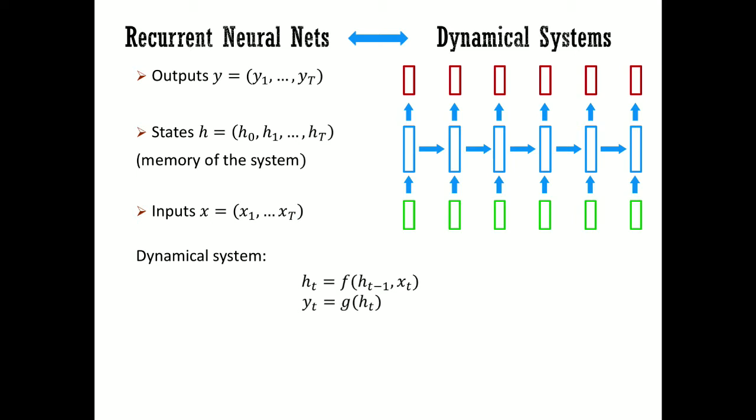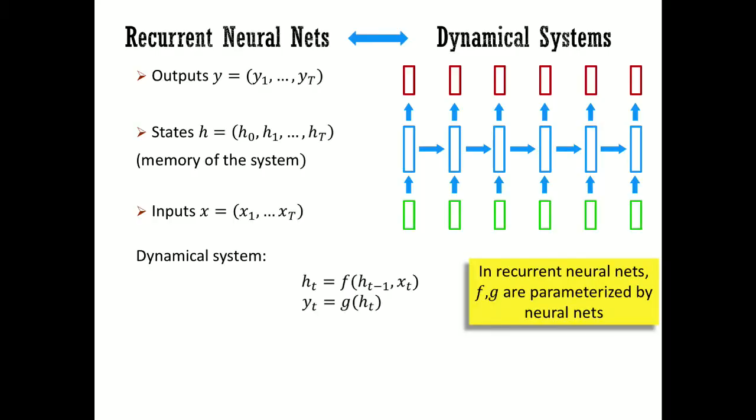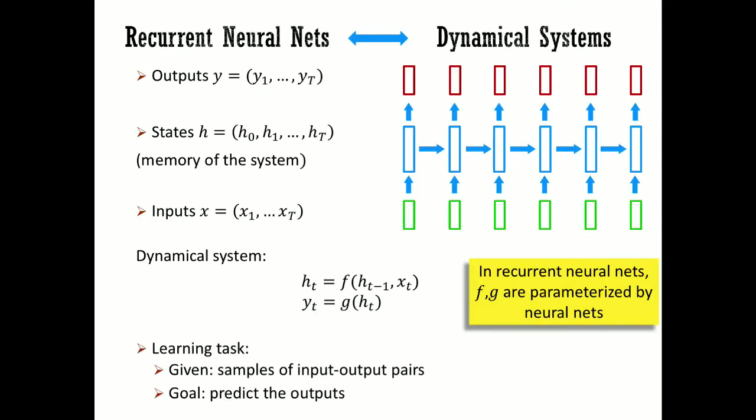And the output at time t is a function of the state at time t. In a recurrent net, we parameterize f and g by neural nets. The learning task here is that we are given samples of input and output pairs that are generated by some system, and our goal is to predict the output of unseen examples.